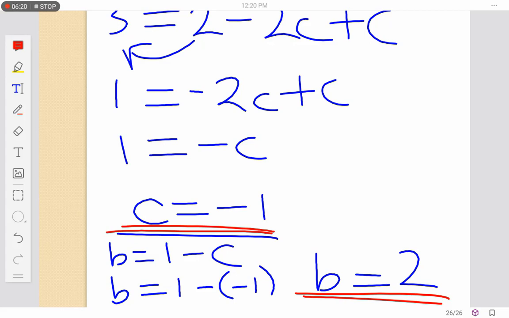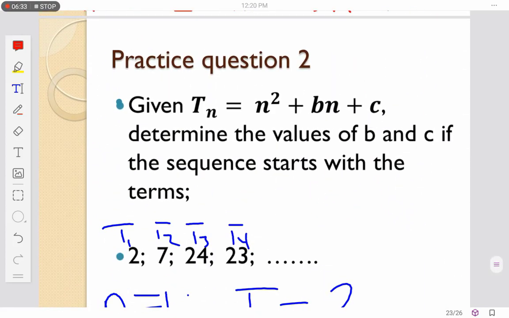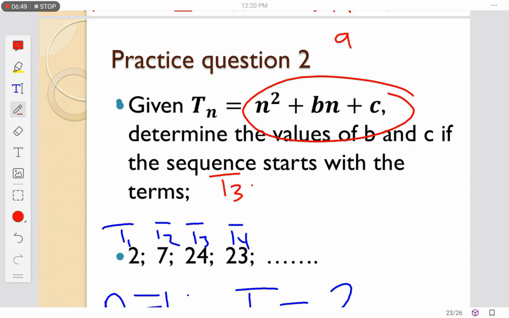If you want to see that this is correct, you go back. Let's say we want to find T3 using this formula. Our c is minus 1, our b is 2. Let's see if we'll get the value of T3.